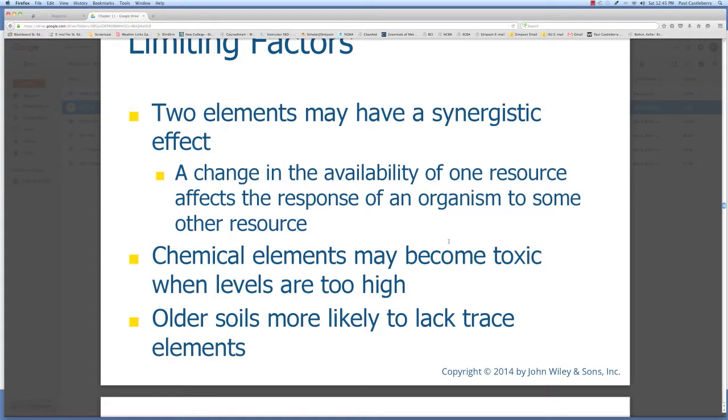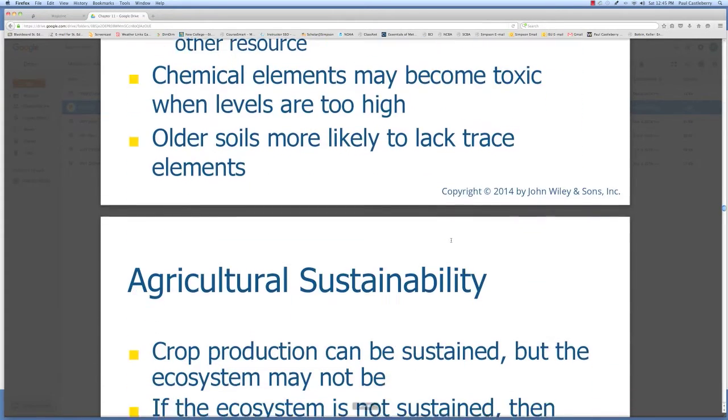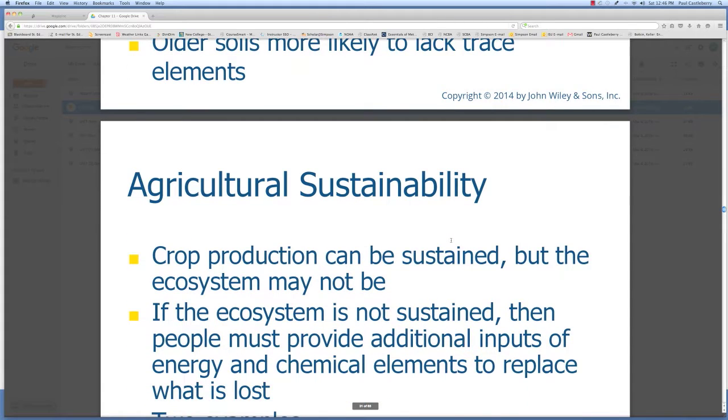That's why we say it's important that macronutrients and micronutrients are not only present, but at the right time and the right amounts. So we have to be careful. Those could be limiting factors. And also older soils will not have as much nutrients available in their area. So there are a lot of limiting factors we have to keep an eye out on.